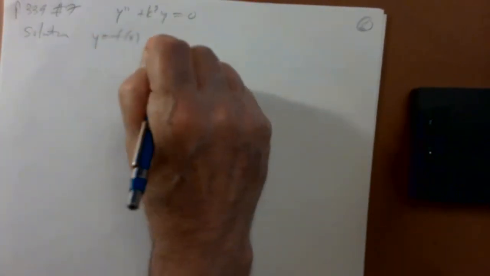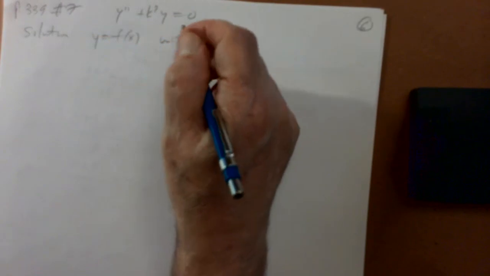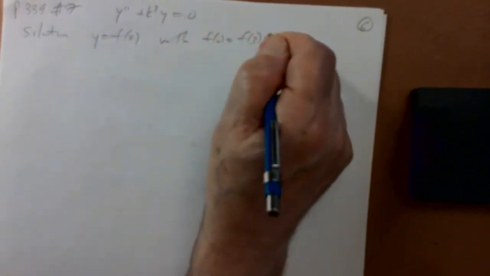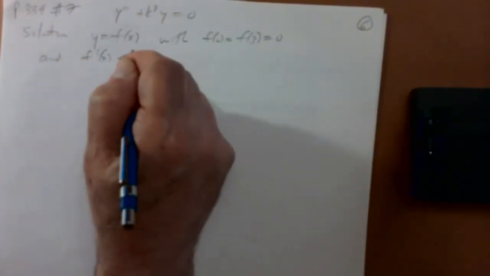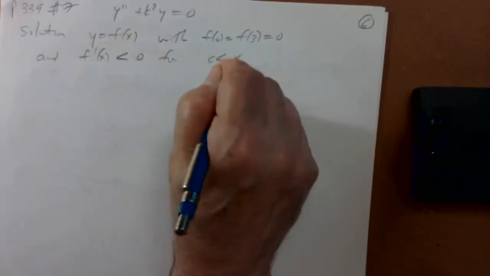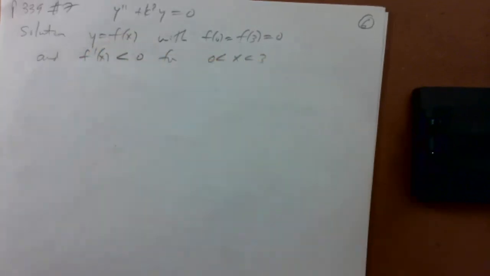So we have a solution, y equals f of x, with f of 0 and f of 3 equal to 0, and f prime of x negative for 0 less than x less than 3. Compute the constant k and find all solutions.